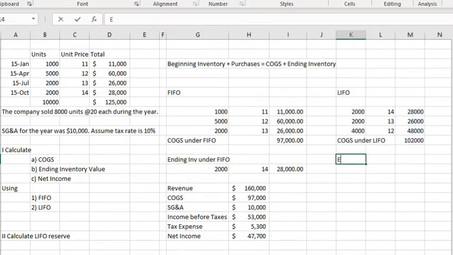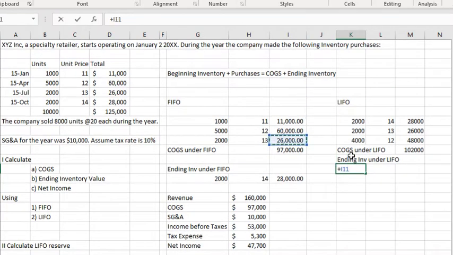Let's also look at ending inventory under LIFO. And what we are going to have is the remaining 1,000 units from this batch at $12.